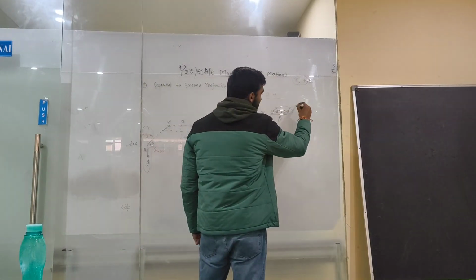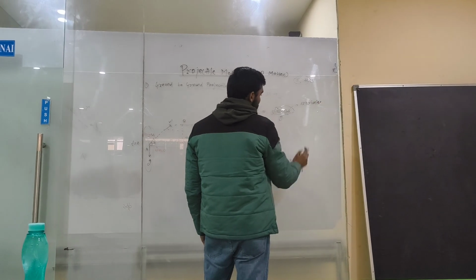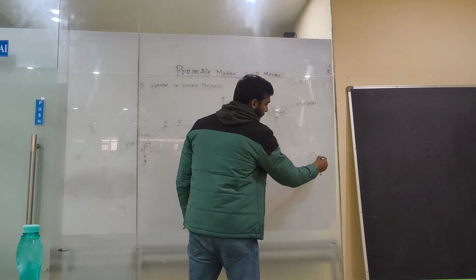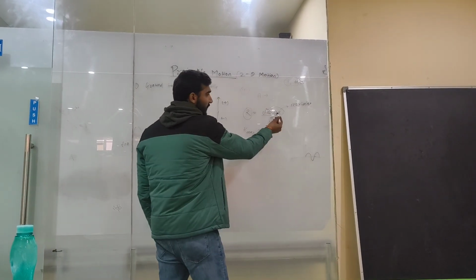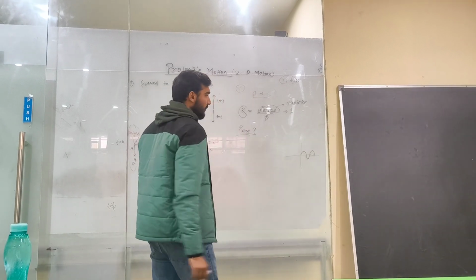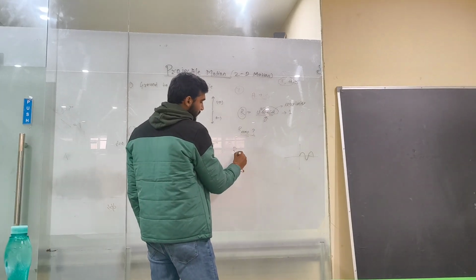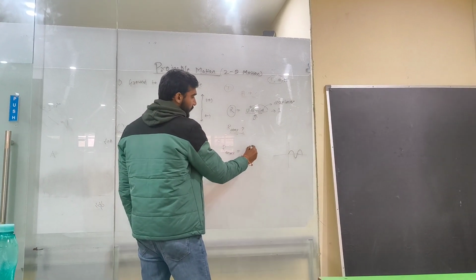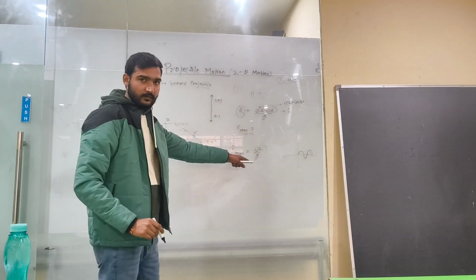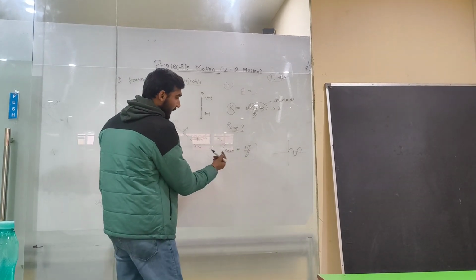To maximize this, you can make a graph. We can see the graph of sin theta is like this, and the maximum value of sin theta or sin 2 theta comes out to be 1. Yes or no? So if the maximum value of sin 2 theta is 1, then R max comes out to be u square by g. If the maximum range is u square by g, then at what angle?